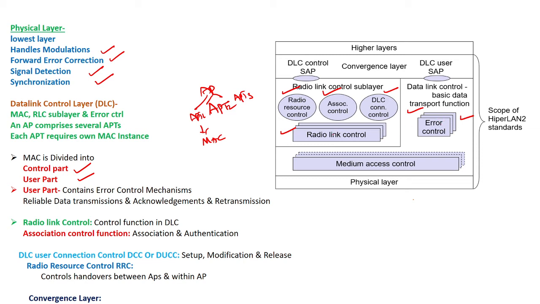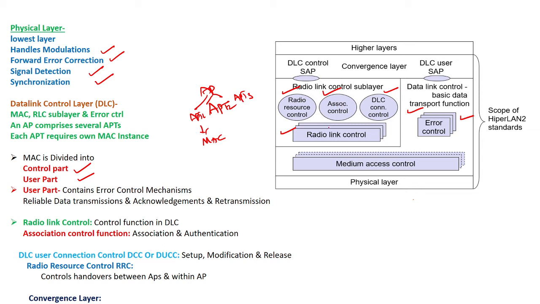Next is radio link control, which belongs to the control part. Here it has a radio link control which controls the whole radio link layer, that is the DLC layer. The association function controls association and authentication. Authentication is with respect to the intended receiver.